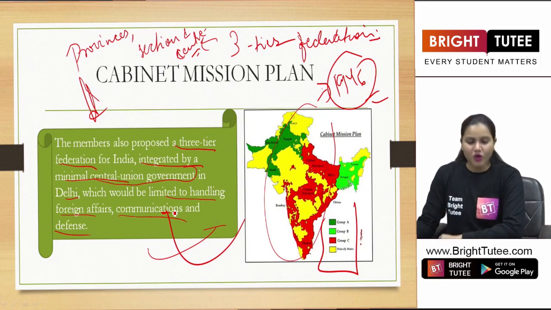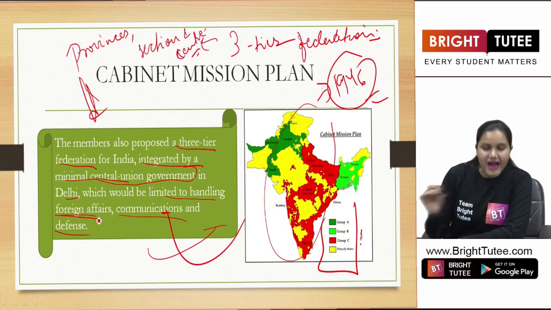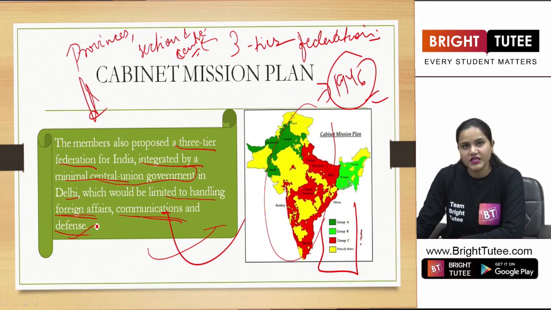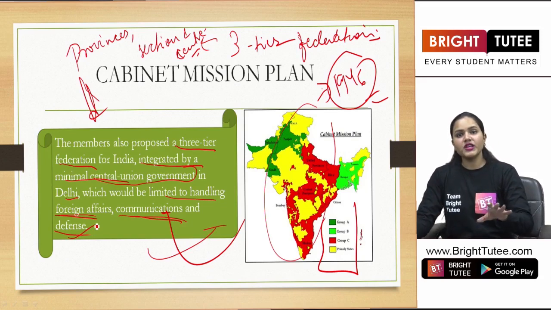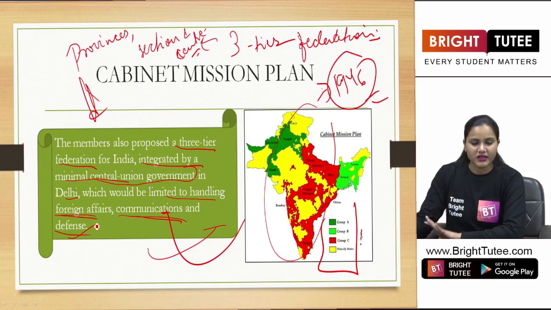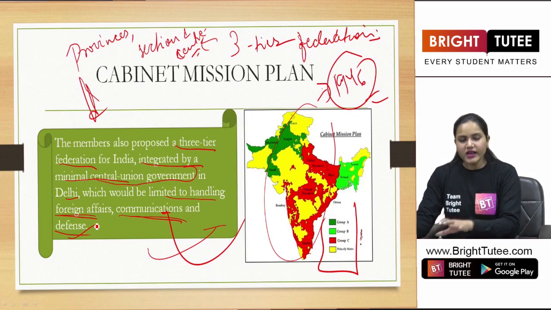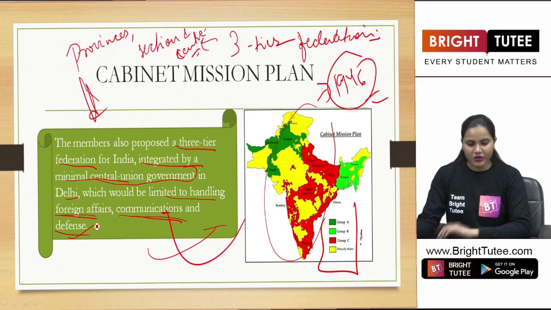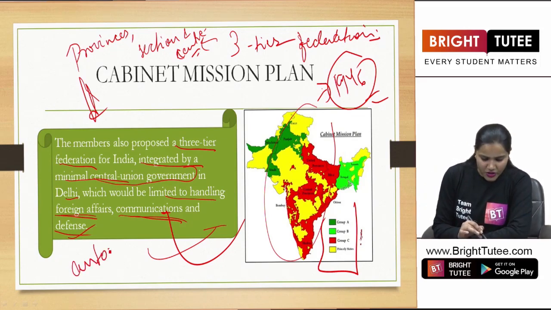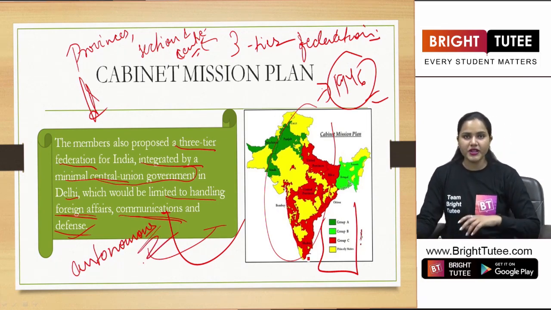And it was related to what? It was related to handling foreign affairs, communications and defense. So these three powers were given to the central government. And apart from that, all the other sections, the provinces, were now to be autonomous, right? Free to rule according to them.